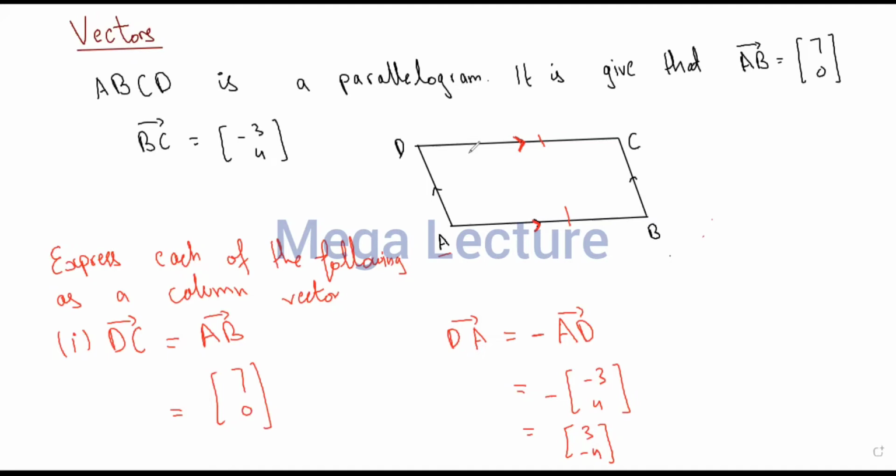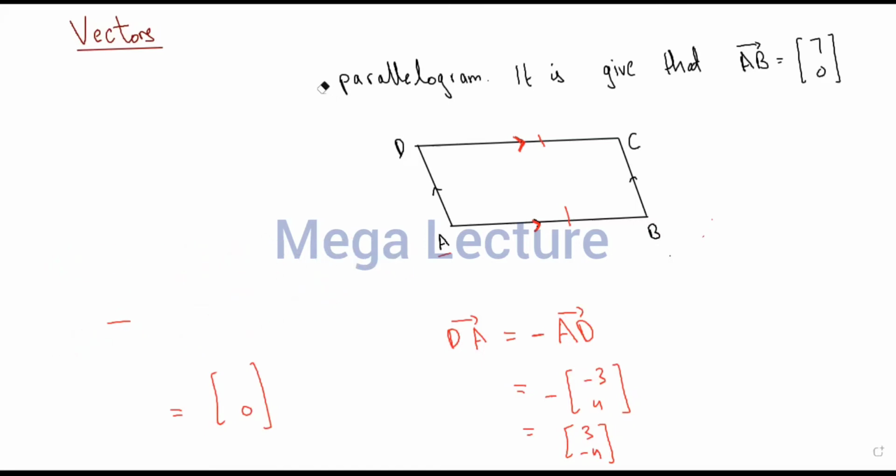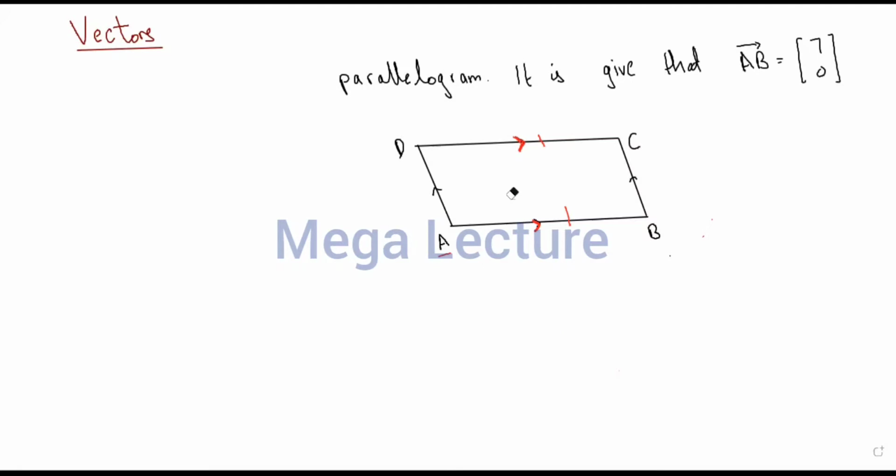Okay, let's talk about one last thing for today. That is the concept about parallel vectors, and then that is it. Okay, this is the next thing that I wanted to talk about.